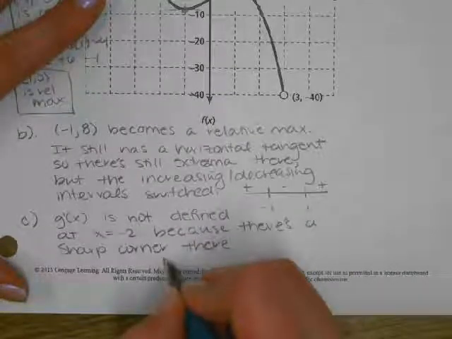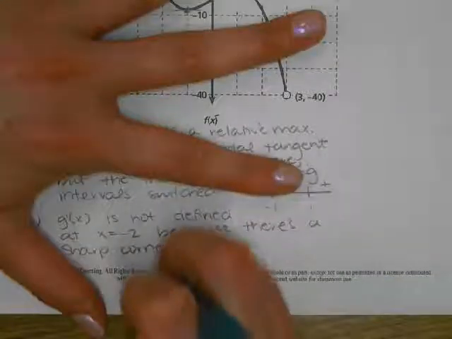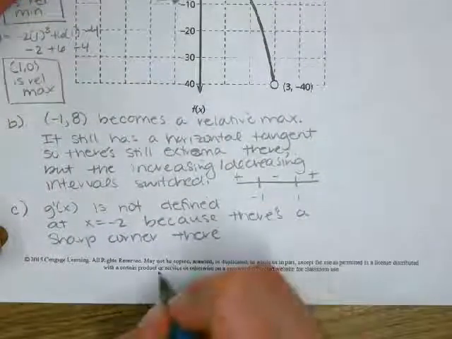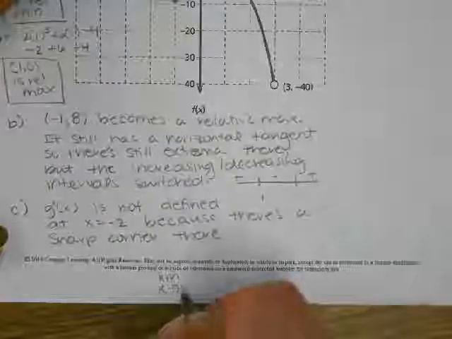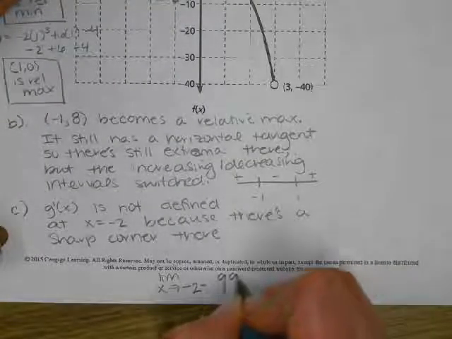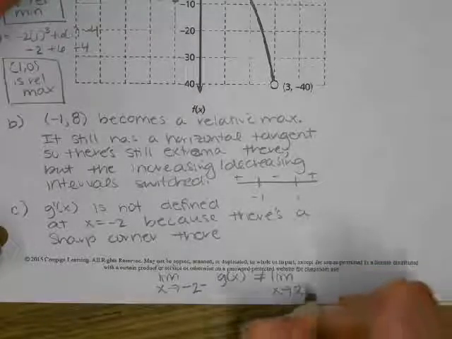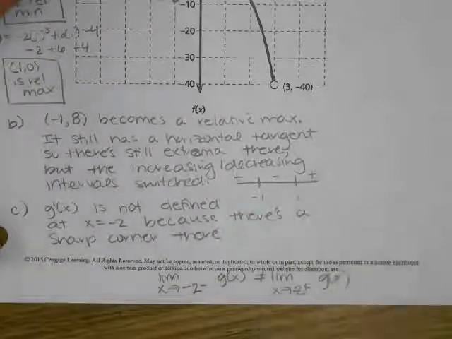You have to say the limit as x goes to -2 from the left of g of x does not equal the limit as x goes to -2 from the right of g of x.